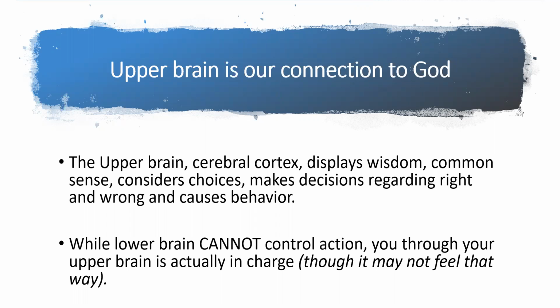That's the part of your brain that's associated with who you really are as a human being, as a spiritual child of God. And while the lower brain cannot control action, it's you through your higher brain that's actually in charge. Although because of the power of the craving, the power of the urge, it may not feel that way. So it may feel a certain way, but in reality, it does not have the power that you feel that it has.